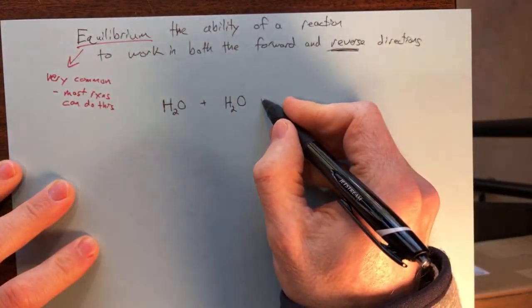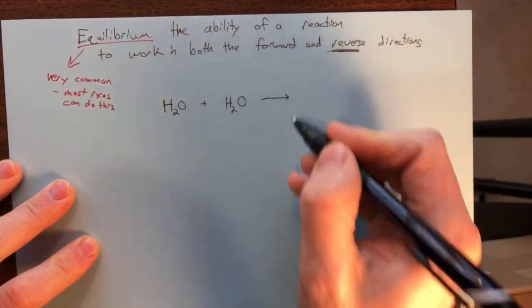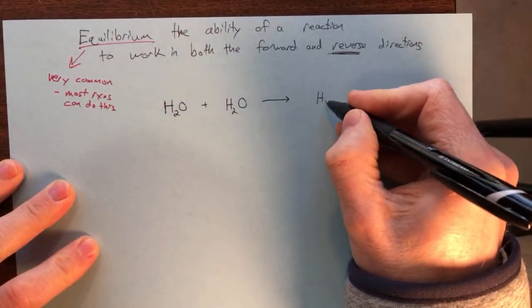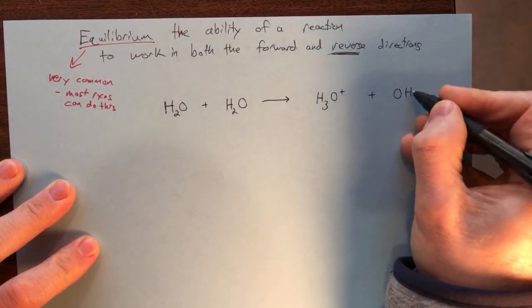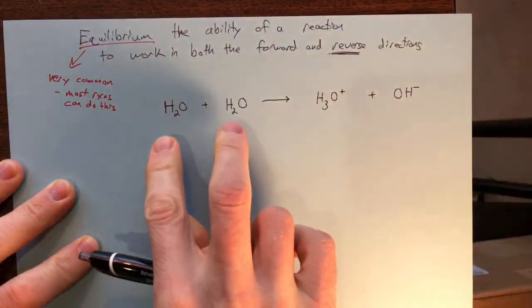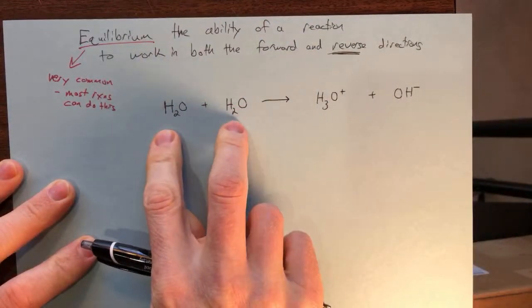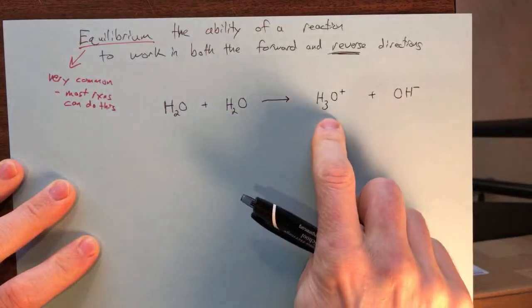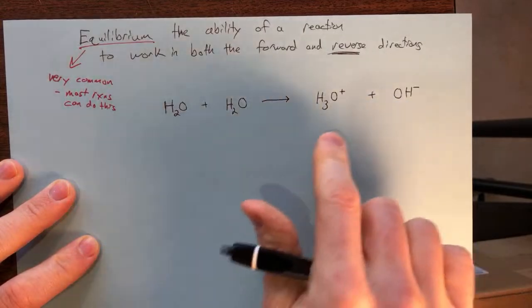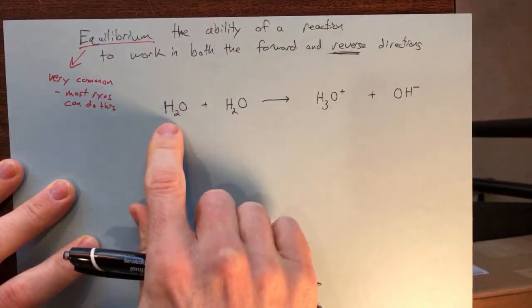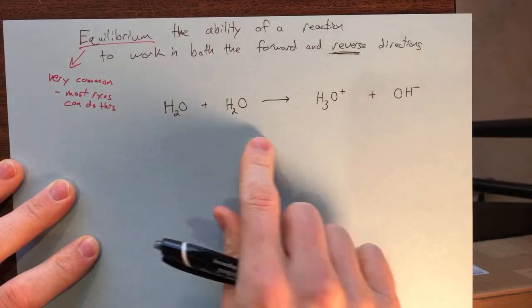So when water reacts with water, it can make H3O plus and OH minus. And so water is both the acid and base towards itself, this being the conjugate acid and this being the conjugate base. One of those waters is receiving an H plus from the other water, all right?